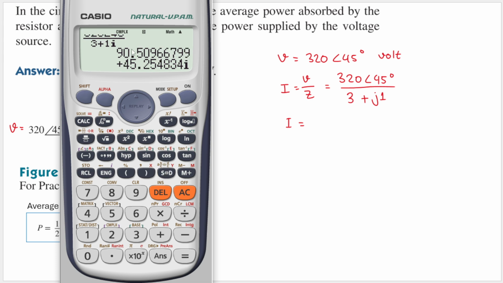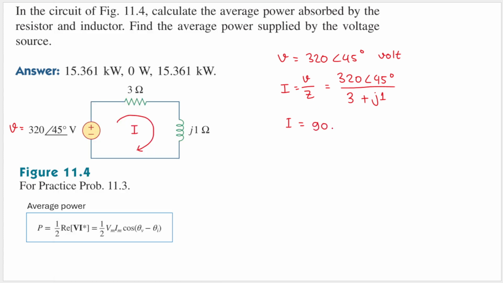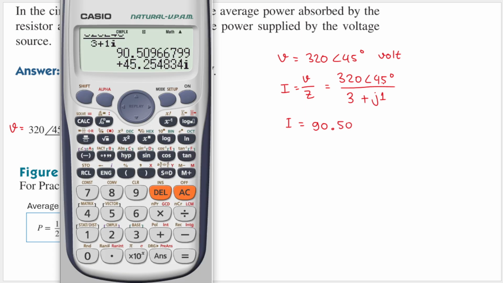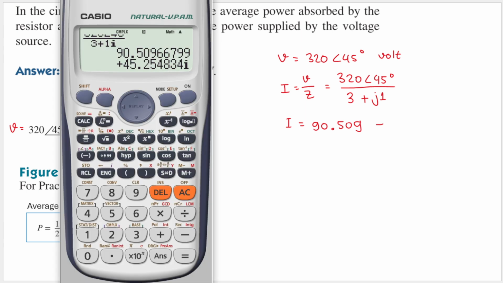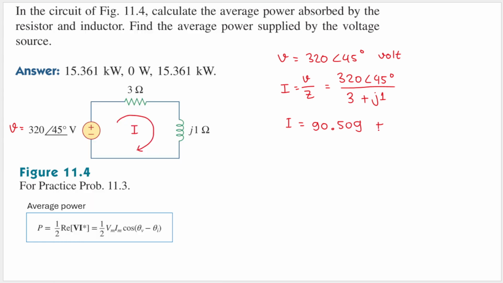Okay, and that is, we will have 90.509, and then plus 45.255. So that is J here, and we can calculate the average power from here, right?